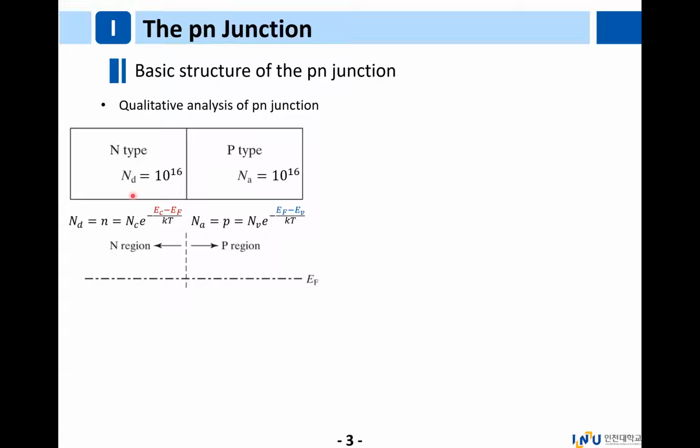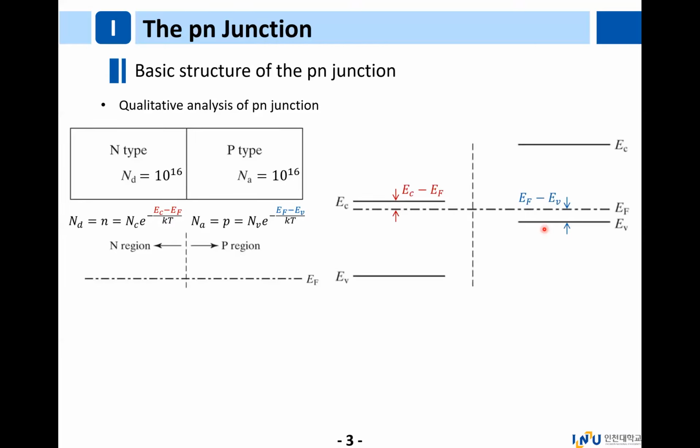Since the left side is an N-type semiconductor and the right side is a P-type semiconductor, you can express them using this Fermi level and the difference in EC and EV levels, right?